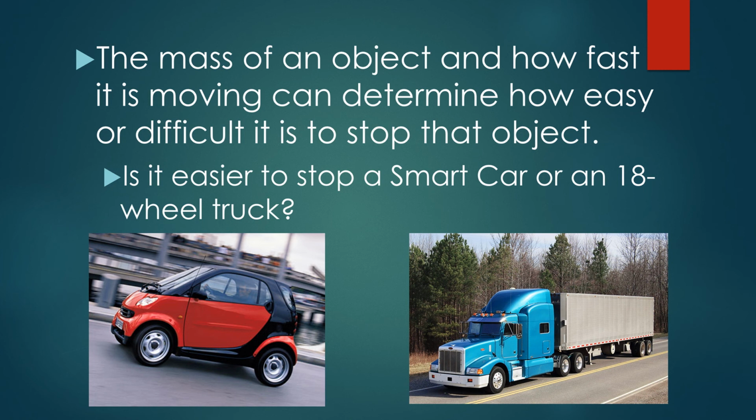Then I would have two of you come up. I would have one person stand with their hand outstretched just like mine, and then I would have the other person run toward that outstretched hand. You guys would see and surmise from the demo that it would be harder to stop someone running than it is to stop someone walking because they're going faster, they're moving at a higher speed.